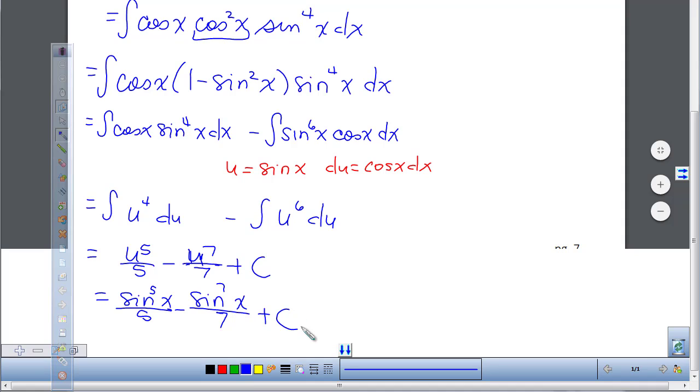Okay, questions about that? Did you distribute the cosine x to the 1 minus sine squared? Yes, I distributed the cosine x and also the sine fourth x dx. So all of that got distributed across the parentheses. Okay, all right, other questions? All right, very good.